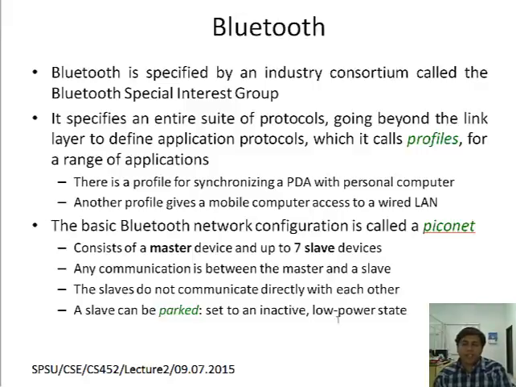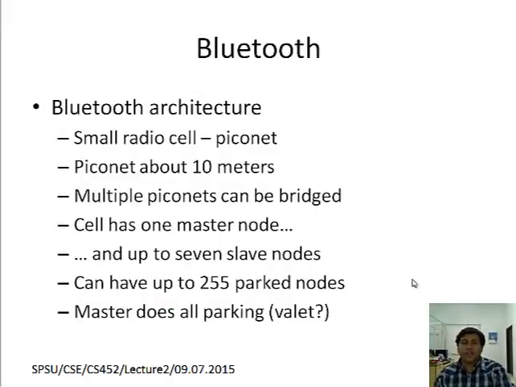When it is parked, it will be in a very low power state. Otherwise, Bluetooth is always low power connectivity. When we talk about Bluetooth architecture, we have something called a small radio cell, which is called a piconet, of about 10 meters. And if we bridge or club together multiple piconets, then we have what is called a scatternet.